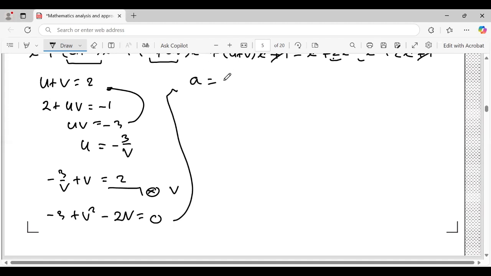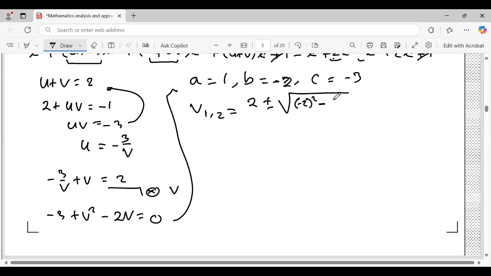This is a equals 1, b equals minus 2, and c equals minus 3. So v1 and v2 equal 2 plus or minus the square root of minus 2 squared minus 4 times 1 times minus 3, all over 2 times 1.